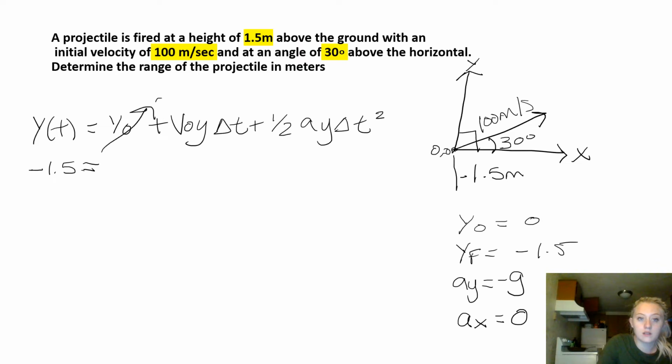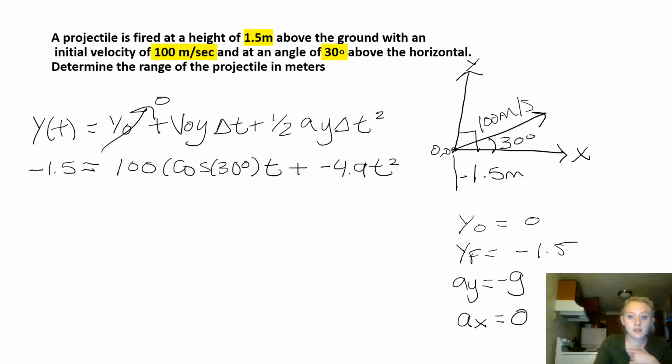In this, y initial is 0, and v0y is going to be our 100 meters per second times sine of 30. And then we just write t plus 1/2 of, we're going to use the 9.81 for Earth, and it's negative, so 1/2 of 9.81 is negative 4.9 t squared.